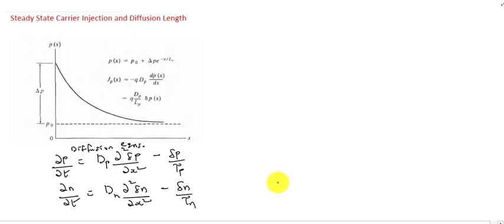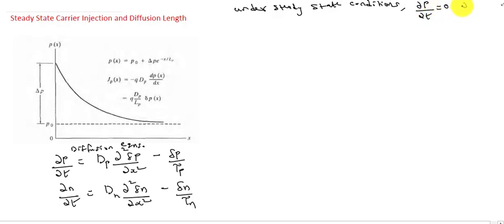Now we are going to study steady state conditions. So actually this diffusion equation we are considering under steady state conditions. So under steady state conditions, we can write ∂p/∂t, the rate of hole flow, will be 0.